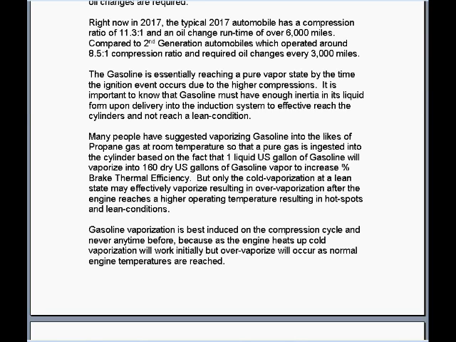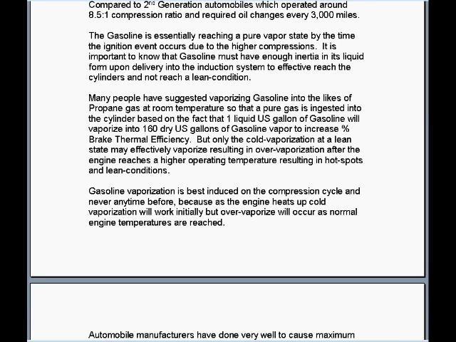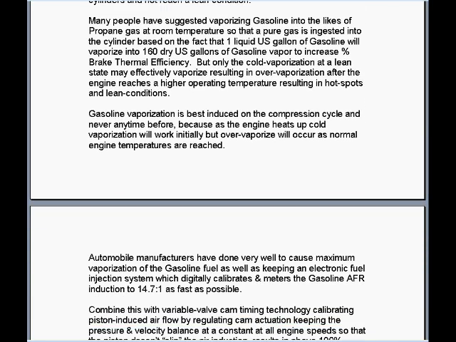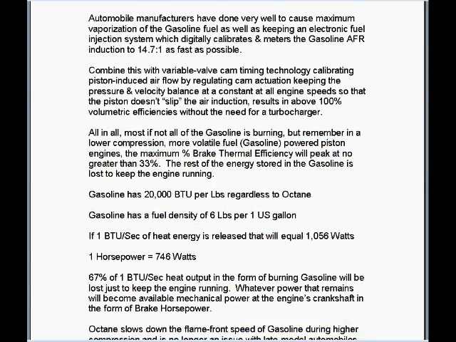But only the cold vaporization at lean state may effectively vaporize, resulting in over-vaporization after the engine reaches a higher operating temperature, resulting in hot spots and lean conditions. Gasoline vaporization is best induced on the compression cycle and never any time before, because as the engine heats up, cold vaporization will work initially, but over-vaporization will occur as normal engine temperatures are reached.